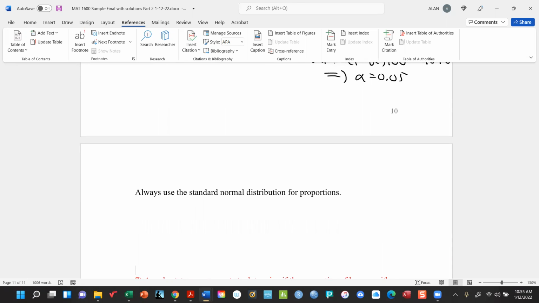And furthermore, the format of this confidence interval is right here.